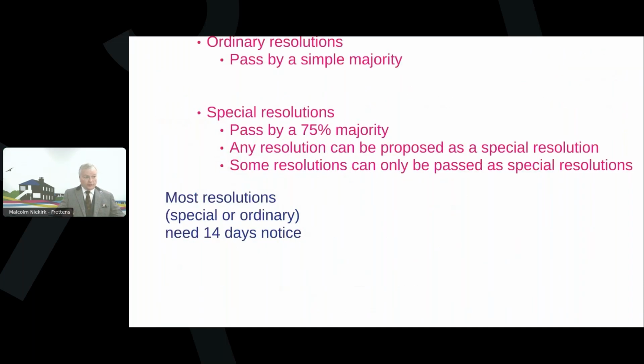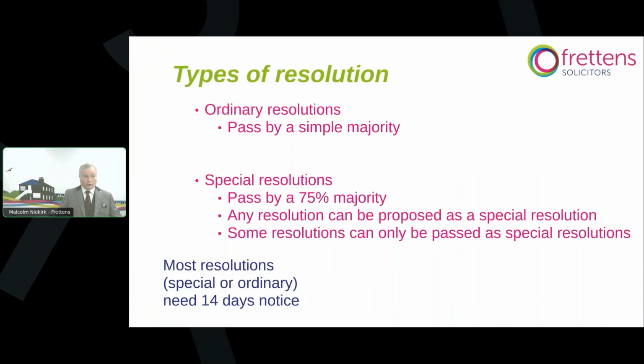Broadly speaking, there are two types of resolution. There are ordinary resolutions, which are passed by a simple majority of those voting, and there are special resolutions which are passed by at least a 75% majority of those voting. Now, the board can propose any resolution they want as a special resolution.